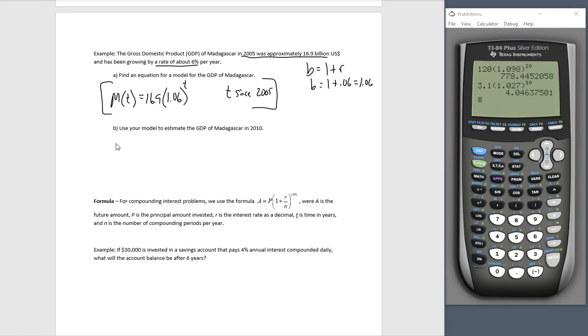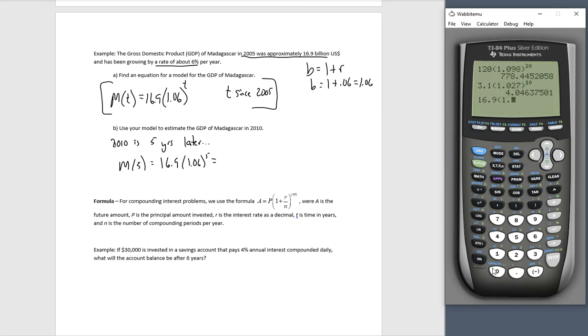So in 2010 is 5 years later. 5 years later, like it's some kind of movie here. M of 5, that's 16.9 times 1.06 to the 5. The gross domestic product of Madagascar in 2010.